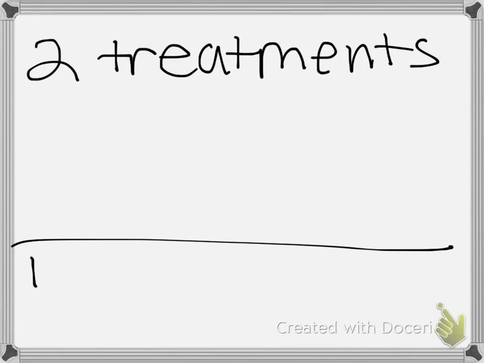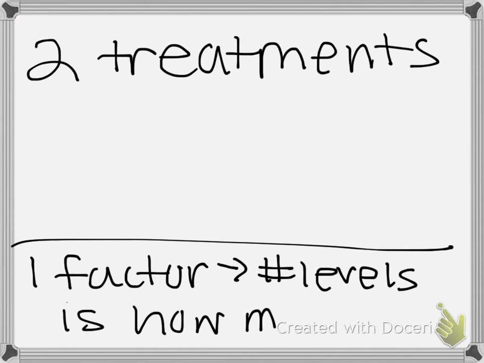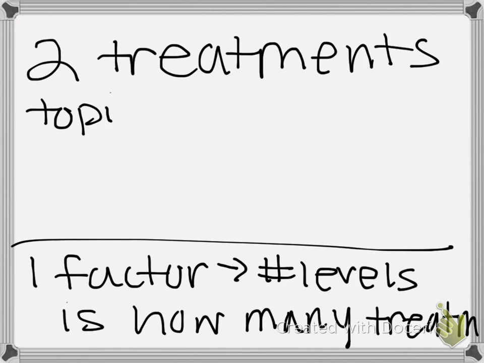When there's only 1 factor, the number of levels is how many treatments you're going to get. Okay, so the 2 treatments would be either the topical or the oral medication.